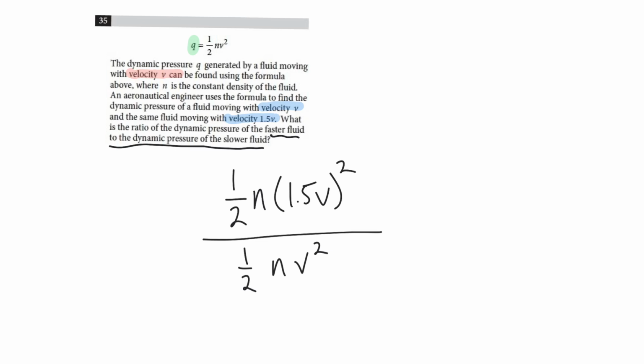If we simplify this, the 1/2 can cancel out, this n can cancel out, and then we'll be left with 1.5 squared.